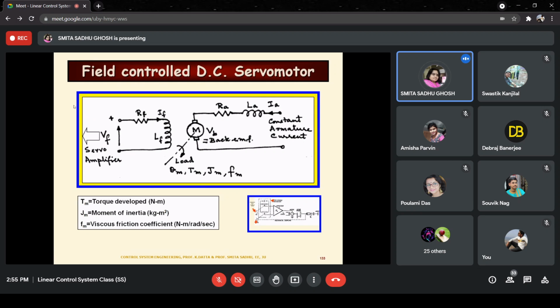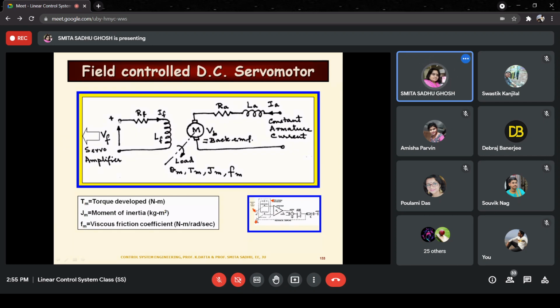VF is the notation for the field voltage coming from the servo amplifier.